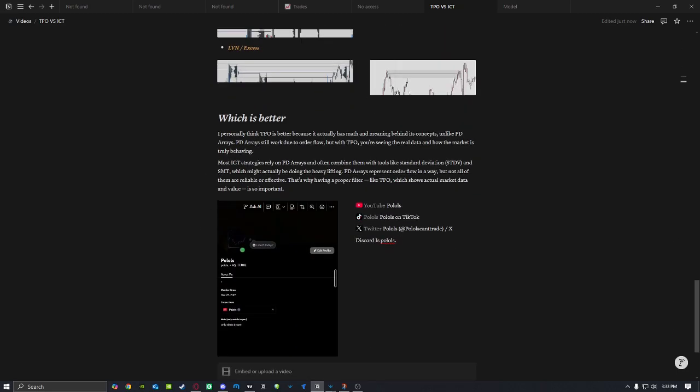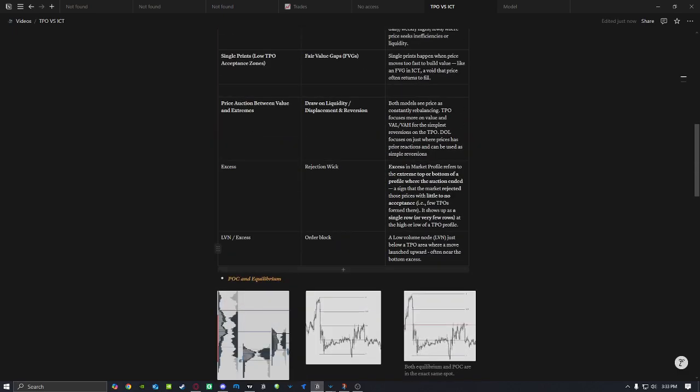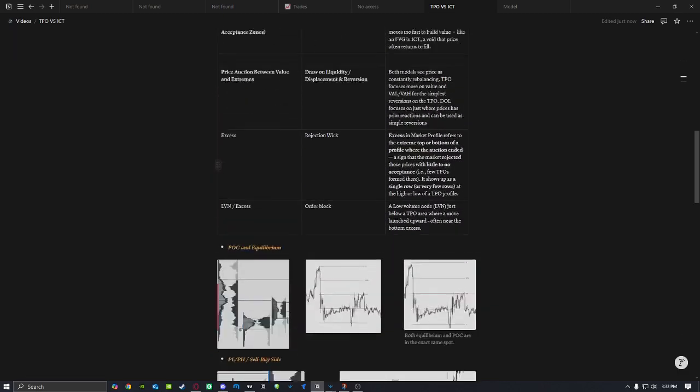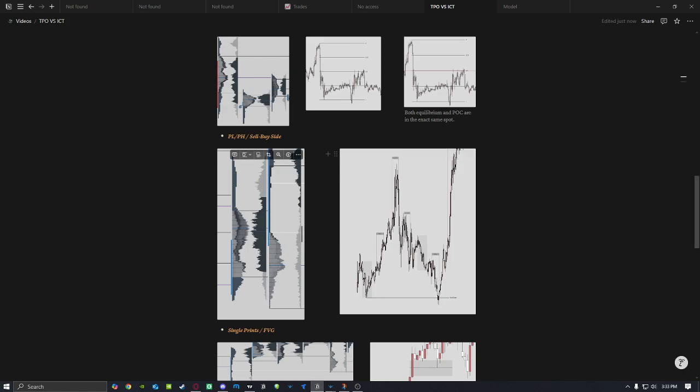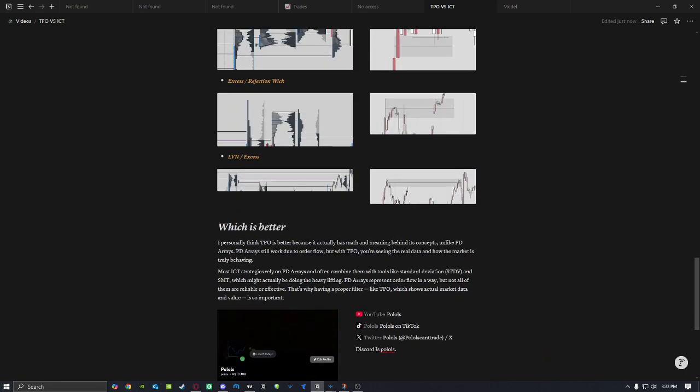This is the simplest form if you're trying to get into TPO from ICT, and it can explain why your ICT concepts are working. In the future I'll be creating standard deviation and SMT, and I think they do the heavy lifting.